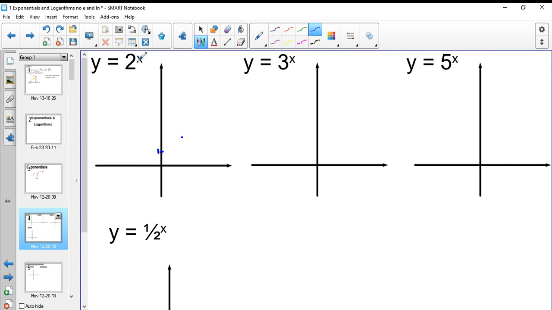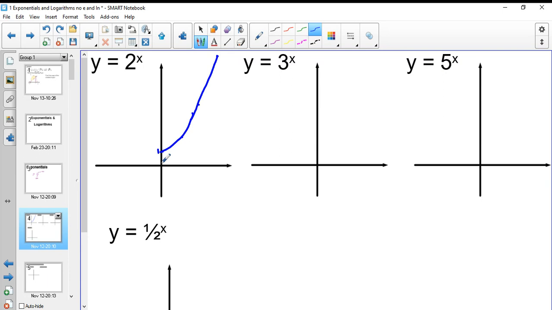When x is 2, 2 squared is 4. When x is 3, 2 cubed is 8, and so on. As x gets more and more positive, y is increasing at a faster and faster rate. In fact, it's growing exponentially. That's where we get the term exponential growth from.